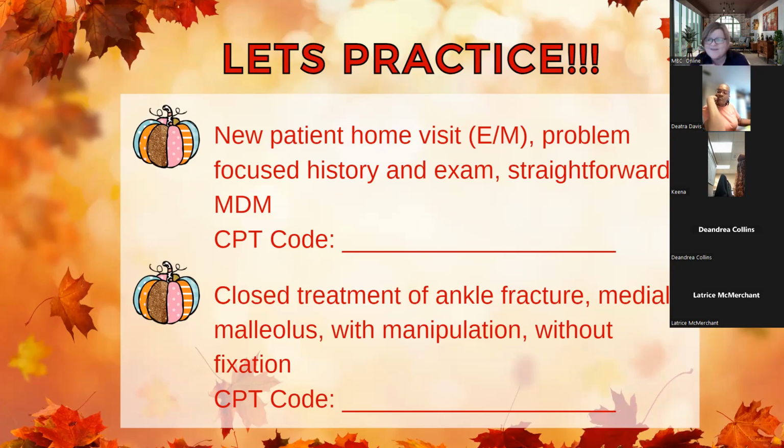That's kind of straightforward, and we should get some options under that, maybe with manipulation, without manipulation, and things like that. So I'd go to fracture in your alphabetic index and then find ankle and see where that leads us. And I'm going to do the same on my end.